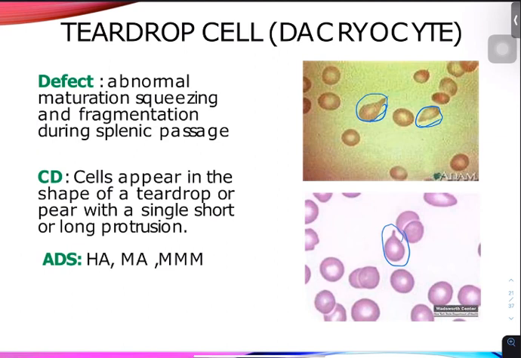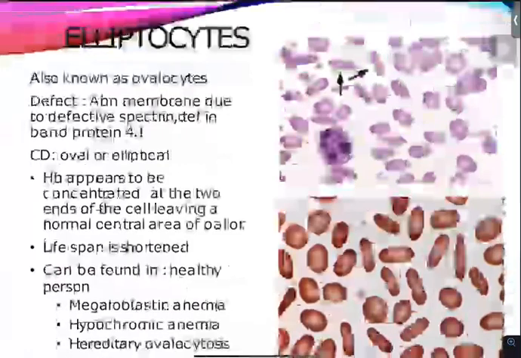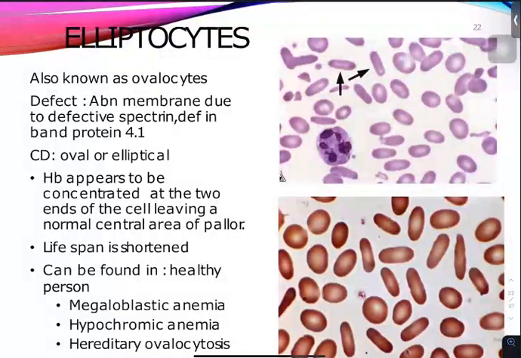Okay, associated diseases are your hemolytic anemia, megaloblastic anemia, and your MMM. Next is your elliptocytes. Okay, your elliptocytes is also known as your ovalocyte. Bakit ovalocyte? Bakit elliptocyte? They look like an oval in shape. Yan. Yung mga yan. Kitang-kita.